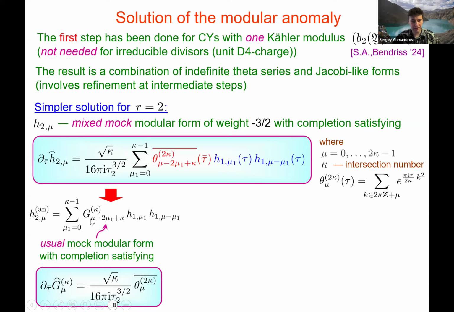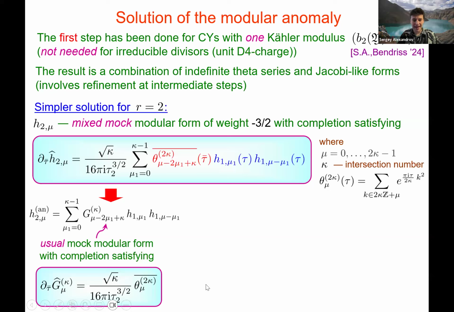And then if you plug this ansatz into this equation, you find that this capital G must be an already usual, not mixed, mock modular form, satisfying a very simple holomorphic anomaly equation. So it just means that the shadow of this capital G is this unary theta series.